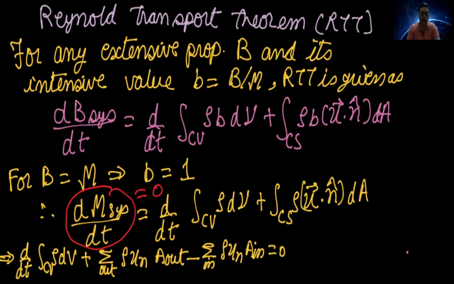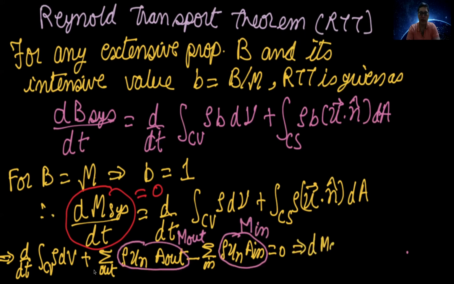In this slide I am writing the rate of change of mass for a control volume in terms of multiple inlets and outlets. This is the mass flow rate moving out and this is the mass flow rate entering. So I can write dm_CV by dt is equal to the summation of mass flow rate entering minus mass flow rate leaving. So the rate of change of mass of a control volume is equal to the total mass gained by the flow moving across the surface of the control volume.